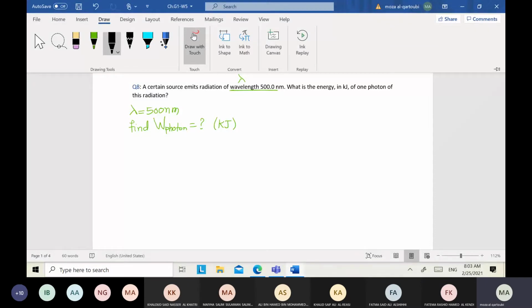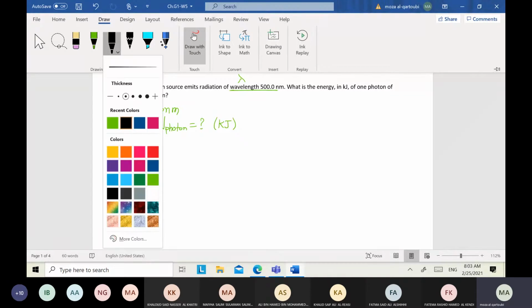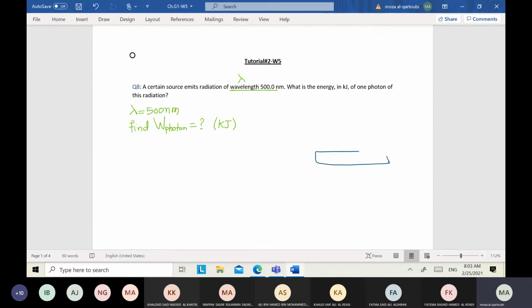If we go back to the notes given in question number 1, we have two bands: the first one called the valence band, and the other band called the conduction band. Now if we have a source giving light, this light will reach the valence band.